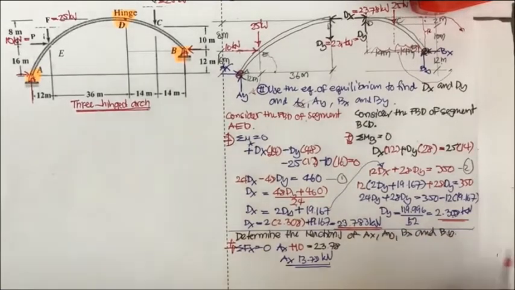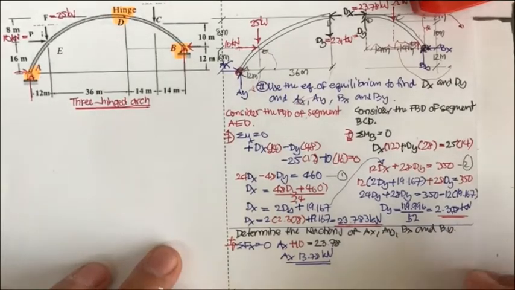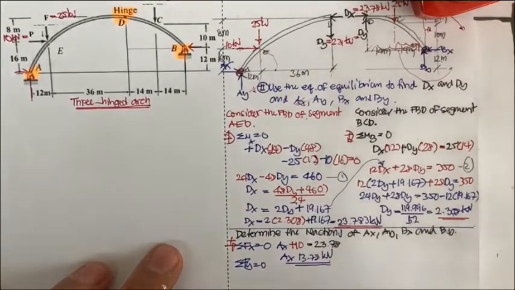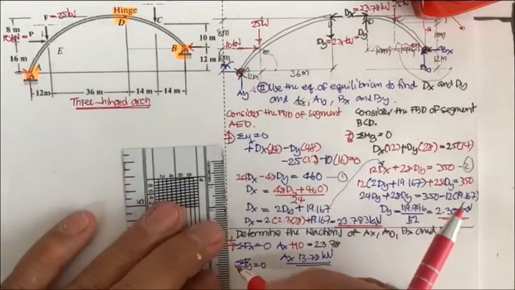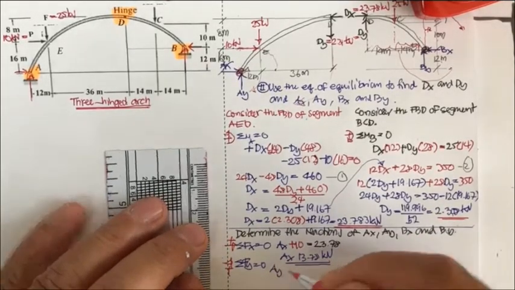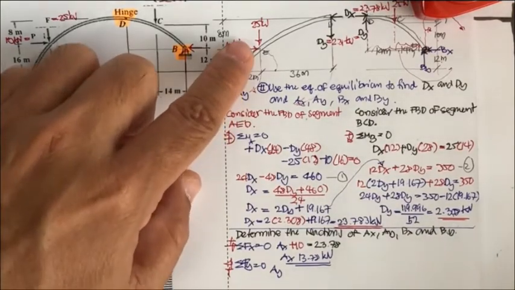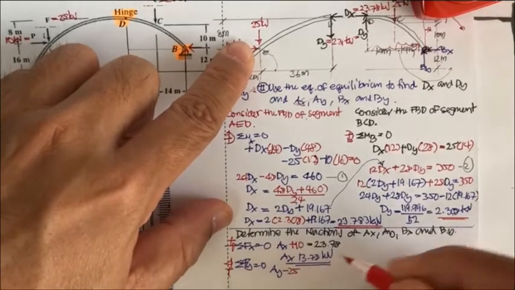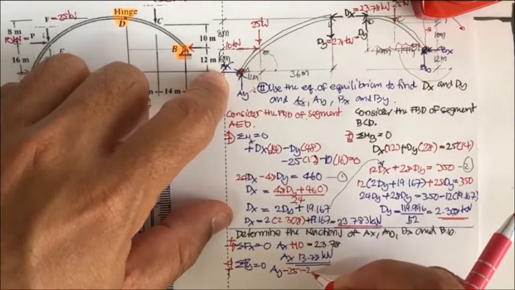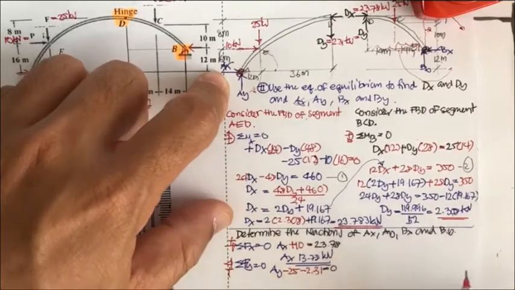Okay, and the last one, you just do the summation of F sub y equal to 0. You're going to find the a sub y. So put this one up, right? You're going to have a sub y up, and then minus 25 minus 2.31, and then it's going to be equal to 0.